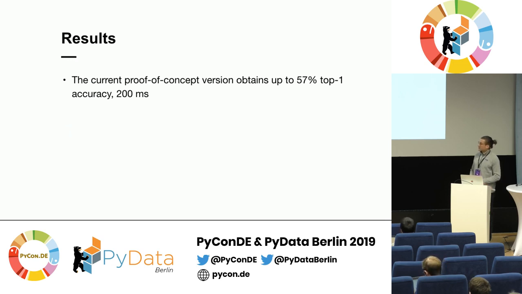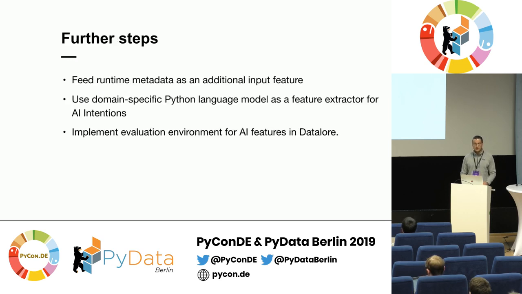So for further improvement and further steps, because there's always space to improve your model, we plan to add the runtime metadata into our dataset as an additional feature, because it helps us understand the consumption of each line, or we can also use this for an additional loss function.